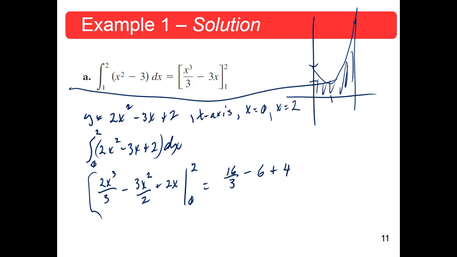All right. So what does that yield? Well, let's first do 16 thirds minus 2. Getting that in thirds would be 16 thirds minus how many thirds is 2?